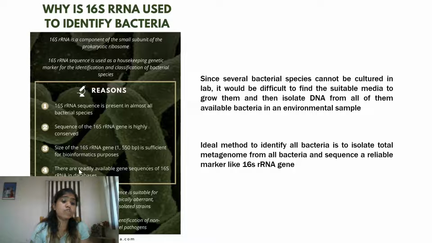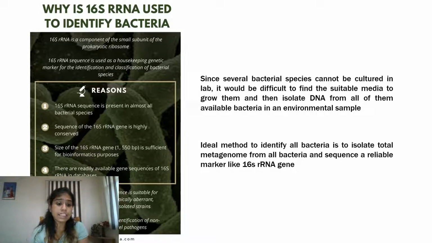And there are also a lot of 16S sequences available in public databases. One such database is NCBI, the National Center for Biotechnology Information, and they have sequence data from lots and lots of organisms sequenced by different groups across the world.